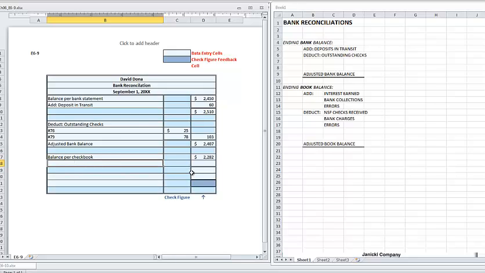Okay, so we've only added deposits in transit and subtracted outstanding checks. Okay, for the checkbook, on C it says the bank collected $140 from a customer of David's and entered it directly into his account. Okay, so that is an addition to our checkbook.